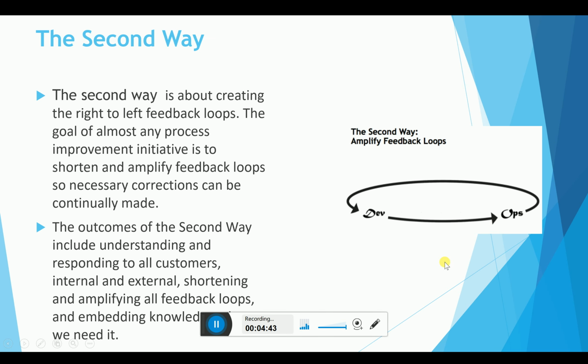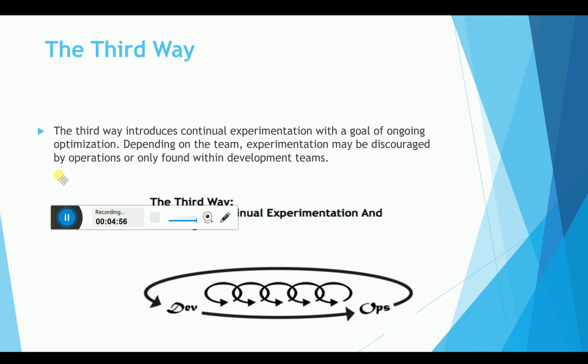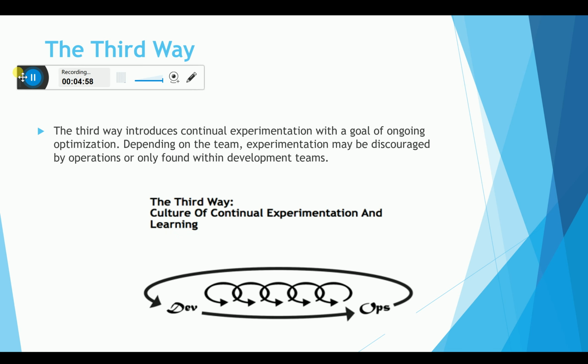And then next up, we've got the third way. It introduces continual experimentation with the goal of ongoing optimization. I'm not sure if you see this or not, but let's say you're this team, producing for these guys here.